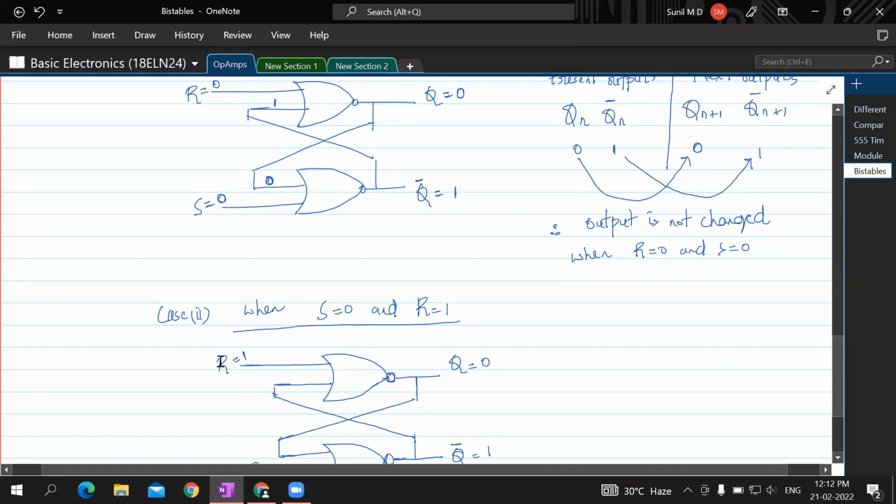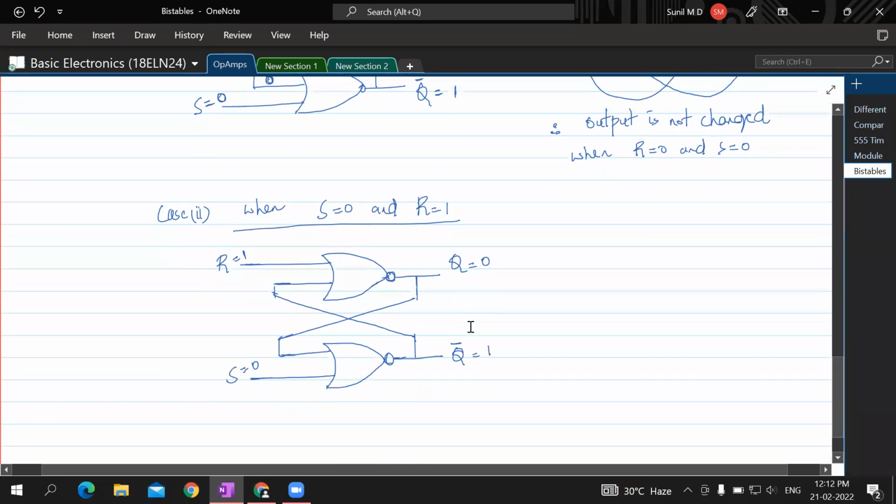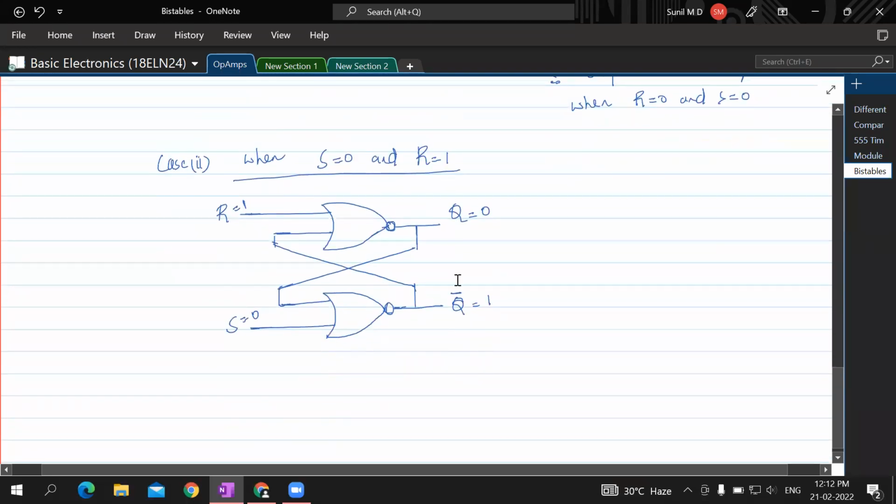If reset is equal to 1, Q should be 0, so the same state should continue. Let's see what happens. This Q would come here, so this is 0 now. When both are 0, Q bar is 1, and this 1 comes here. So R and this input are 1, 1, so Q should be 0. That means when reset is 1, Q is reset.